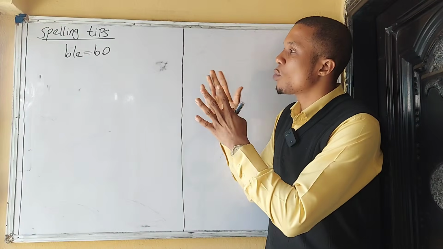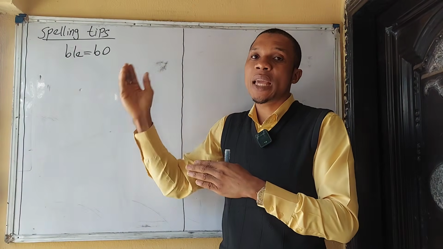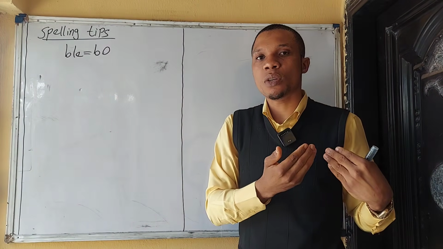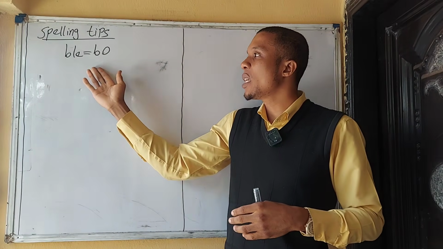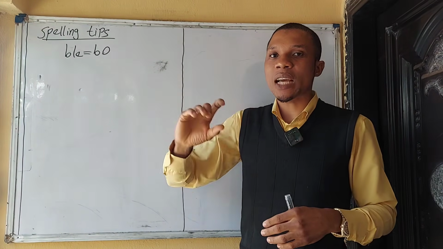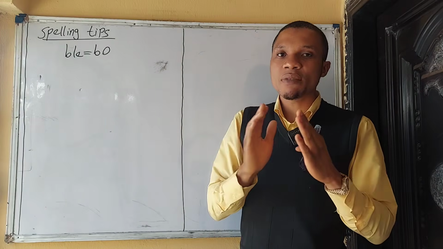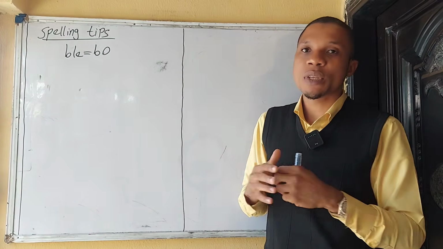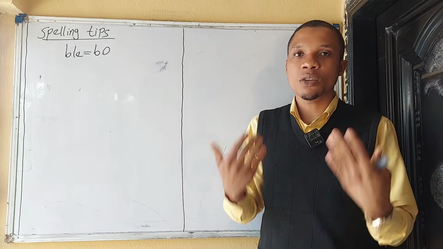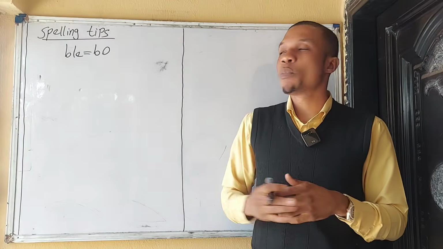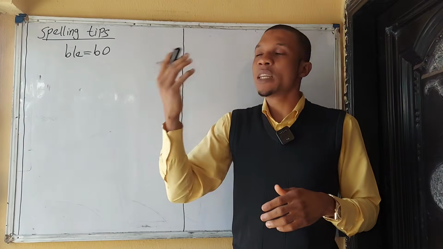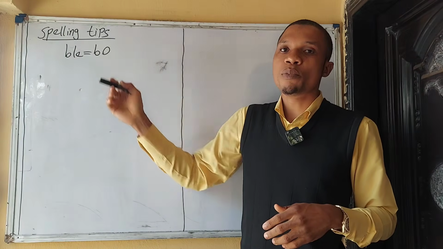So in today's class, we are going to be taking the sound of BLE at the end of a word, which is what? Bold. So whenever you see BLE at the end of a word, pronounce it as bold. We are going to be taking spelling under it in order for us to get familiar with it. Let's look at some examples of BLE taking the sound bold.